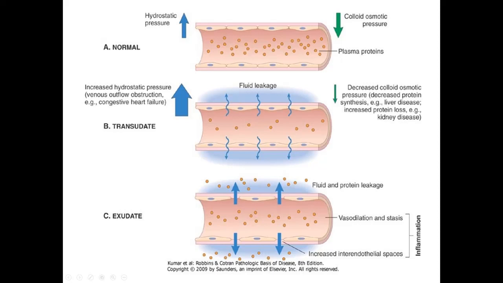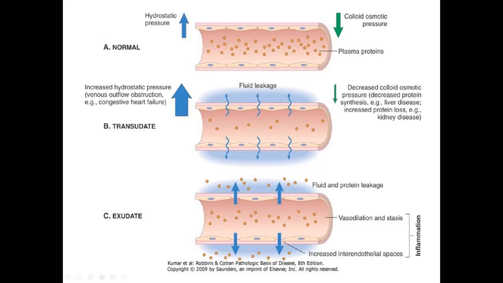In transudate, there is increased hydrostatic pressure due to venous outflow obstruction, for example, congestive cardiac failure, and fluid leaks from the blood vessel, whereas there is decreased colloid osmotic pressure, decreased protein synthesis in liver disease, and increased protein loss through the kidney.